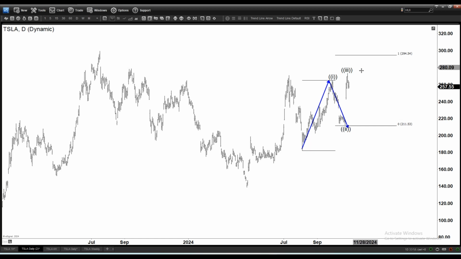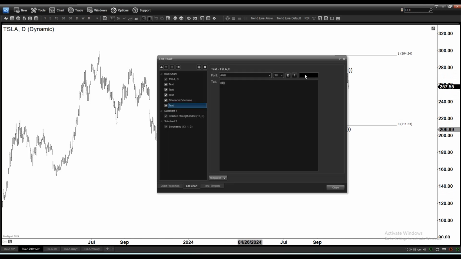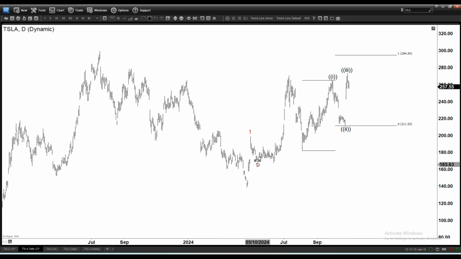Now in terms of the possibilities, you can count this from the low. You can either count it as something like this in a higher degree. You can count it like this: 1 2 3 4. But I don't like this, even though you can have a diagonal technically overlapping, if this is part of maybe one of a higher degree.